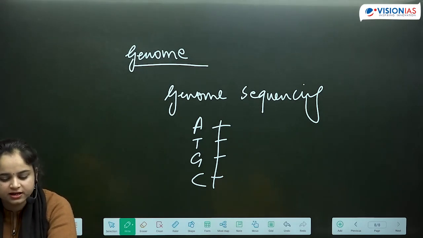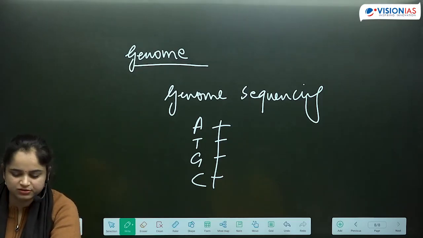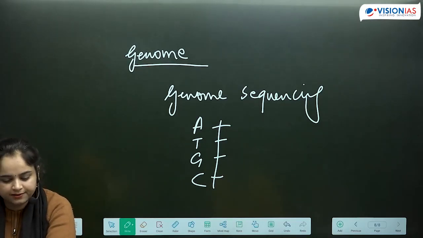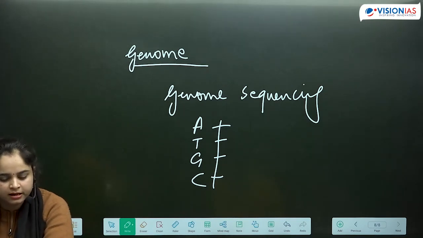Genome sequencing is describing the exact order of base pairs, nitrogenous base pairs, in an individual.